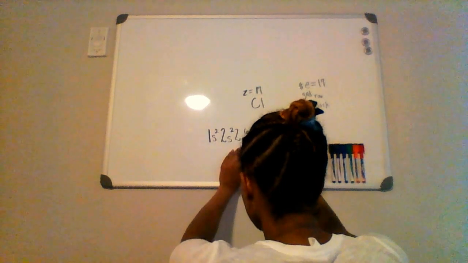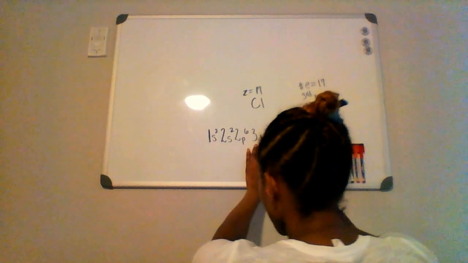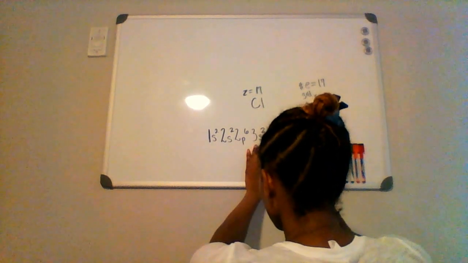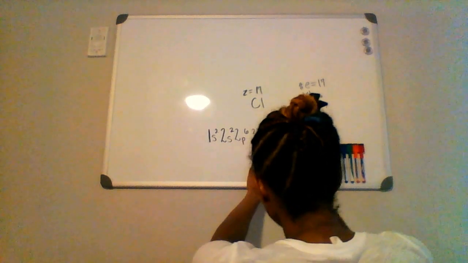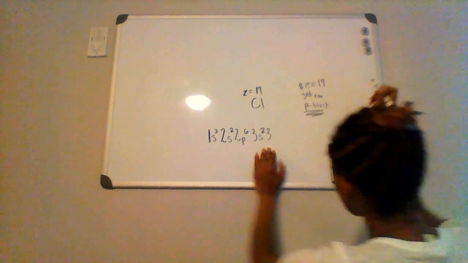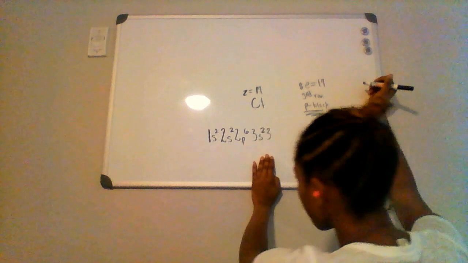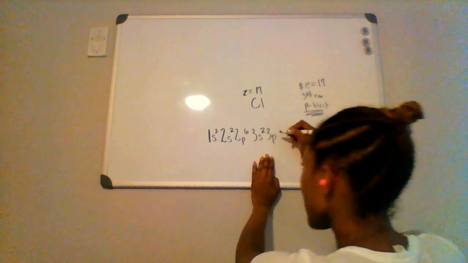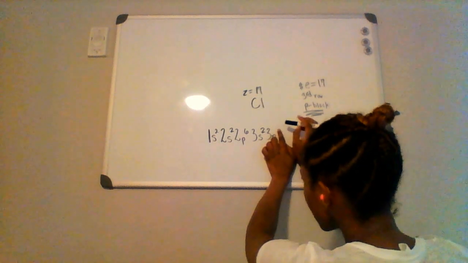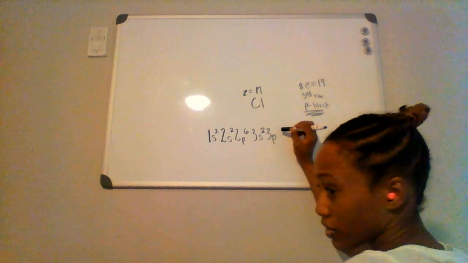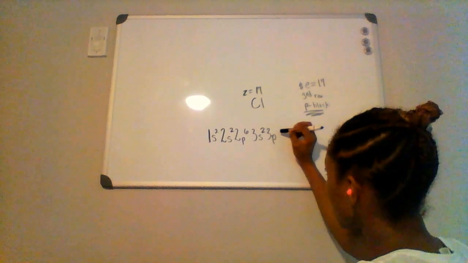So now we have the next energy level, which is 3s2, and then the last. And this is where we're going to end because chlorine is a P block element. So 3p, and it's not going to be 6 because if it were 6, then that would be the electron configuration for, I think that's argon.